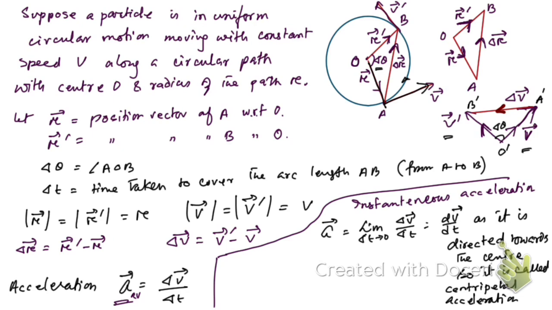So we're gonna write A centripetal is equal to limit del t tends to 0 of del v by del t.